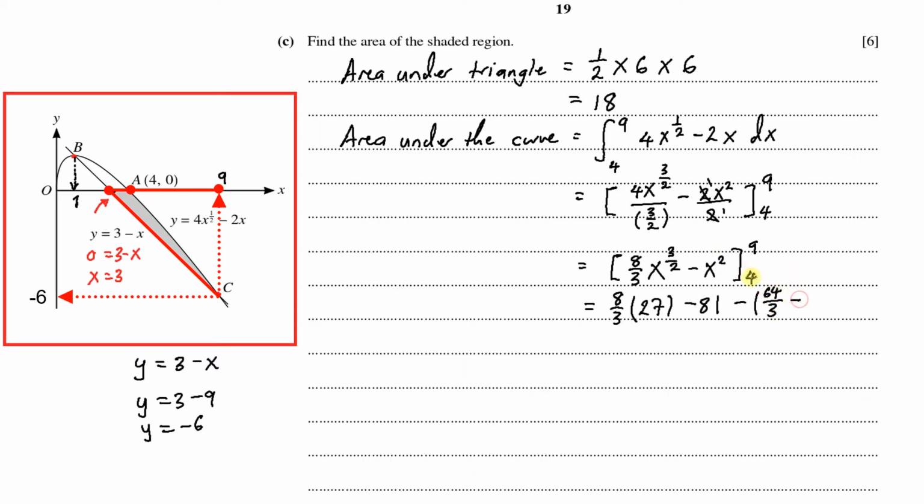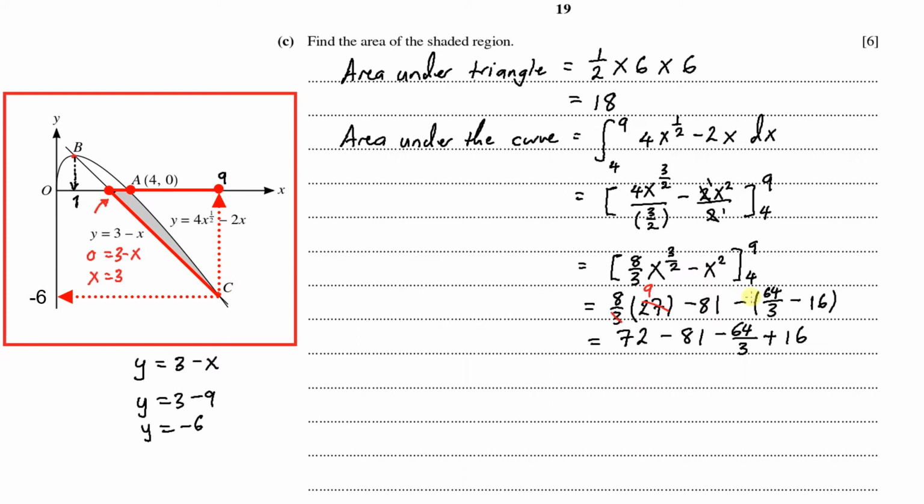And minus, substituting 4 into x squared, we get 16. So we can now simplify this whole thing. I divide 3 into 27, that's 9, and 9 times 8 we get 72, minus 81, minus 64 over 3, plus 16.